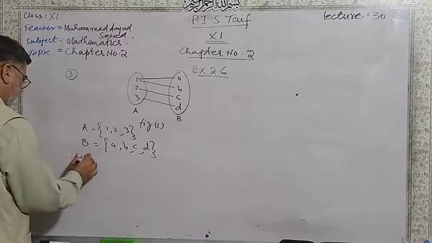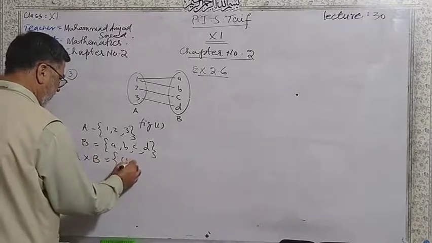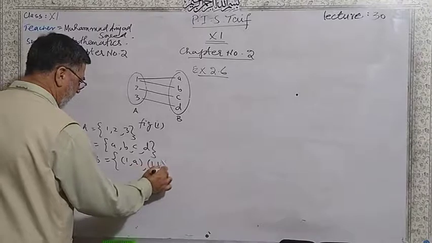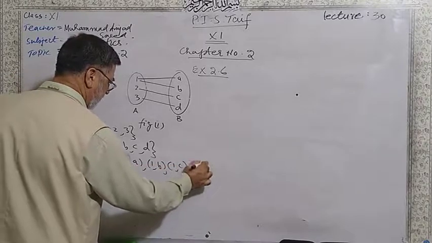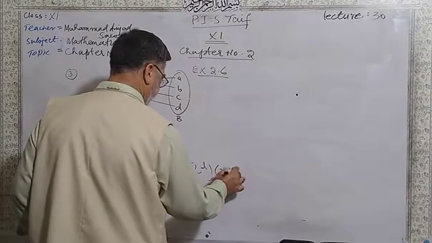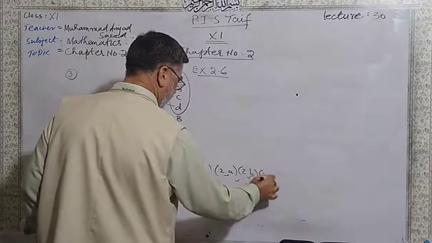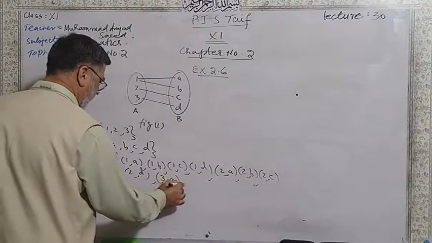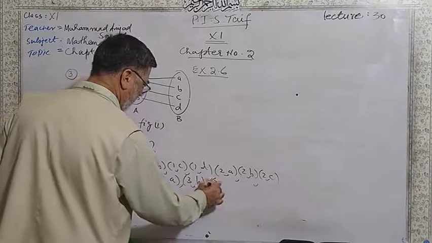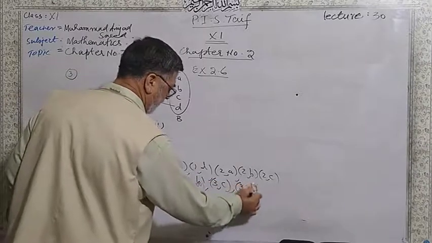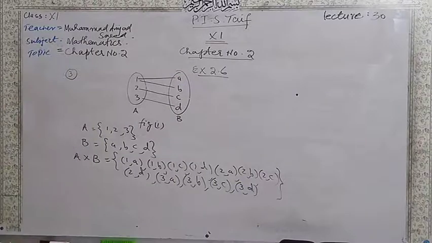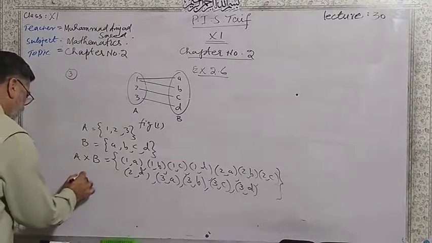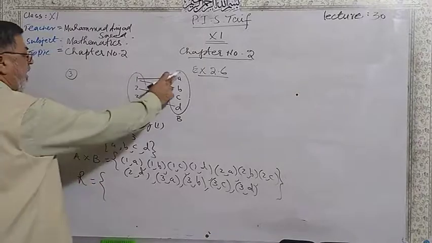So first is A cross B: 1A, 1B, 1C and 1D; 2A, 2B, 2C and 2D; 3A, 3B, 3C and 3D. This is the Cartesian product of your two sets A cross B. Now what is given to you? R. What is R? Actually R is 1A, 1B.